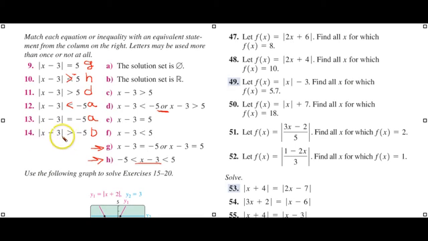And for this one, since this is a greater than, for these, we say the solution is the set of real numbers. This one's a little tricky too, because it has that absolute sign and a negative, but because it's greater than, we're saying this could be the set of all real numbers.